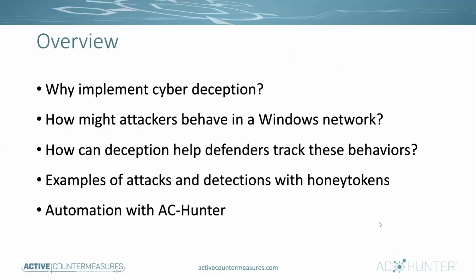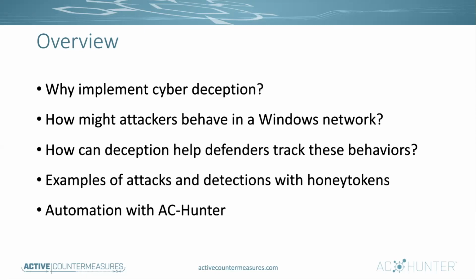So here's what we're going to talk about today. We're going to talk first off, why implement cyber deception. I'm going to try to sell it to you a little bit as opposed to relying on traditional detection signatures and that sort of thing. We're also going to take a look at how attackers might behave inside of a Windows network, particularly an Active Directory network. And then we're going to take a look at how cyber deception can help defend and track those behaviors.